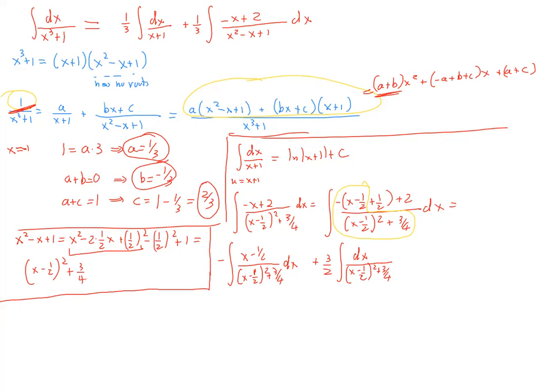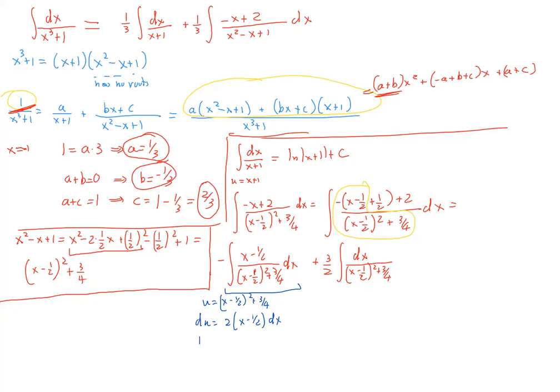For this one, we will use the substitution u is equal to x minus 1/2 squared plus 3/4, and du will be 2 times x minus 1/2 dx. That's the upshot, that what you get on the top is 1/2 du.